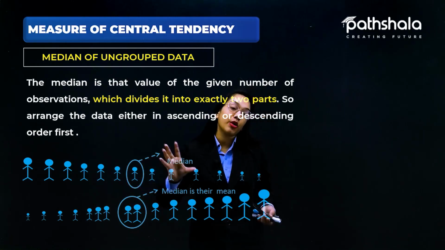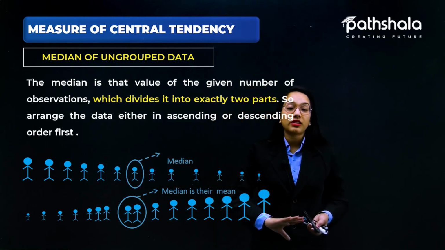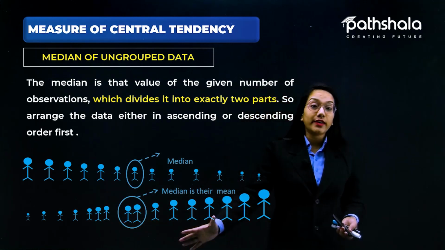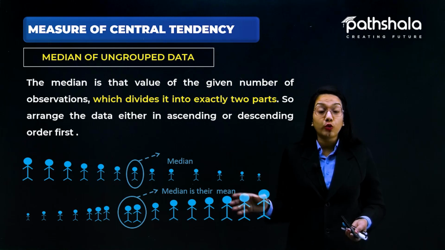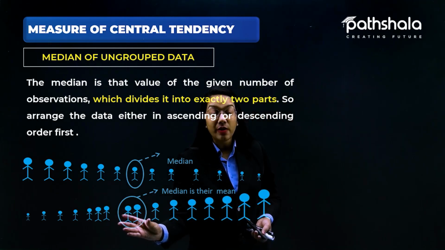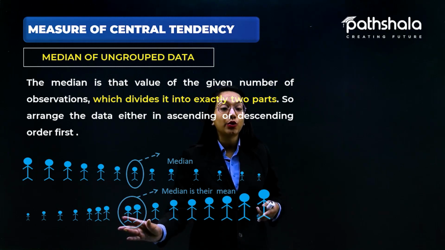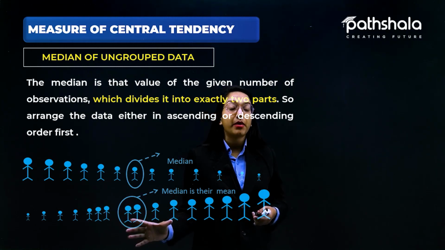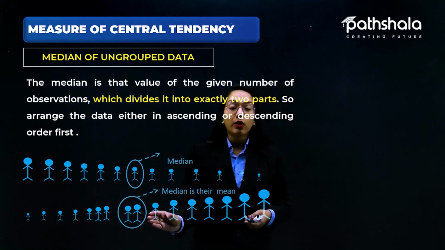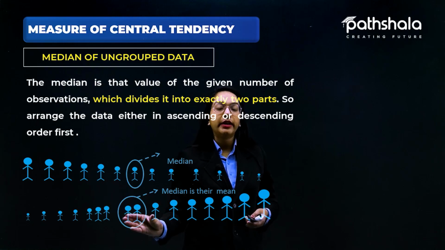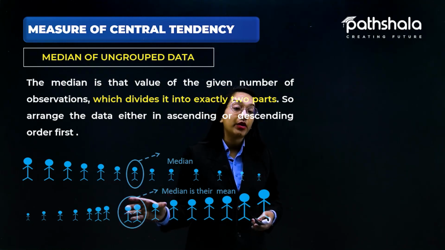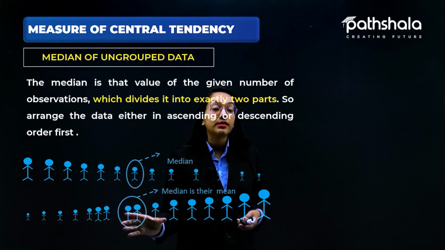But in case the number of people is even, as you can see over here, for this case always remember, we have the middlemost two persons over here, and their mean is nothing but called the median. Always remember, in case of an even number of observations, we'll always have to take the mean of the middlemost two observations. The median is always their mean.